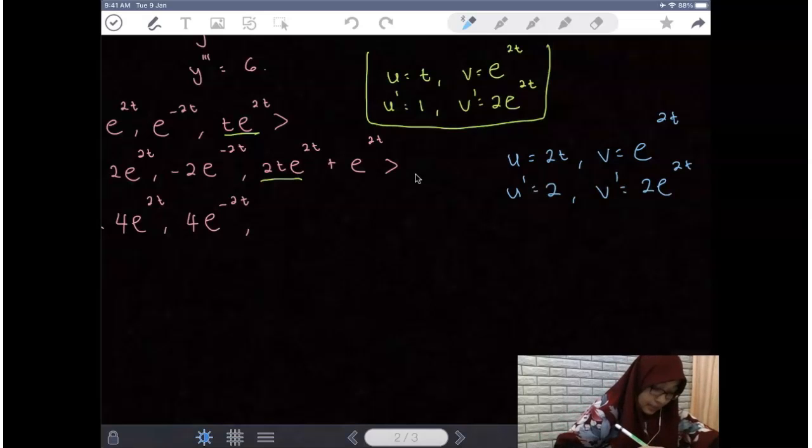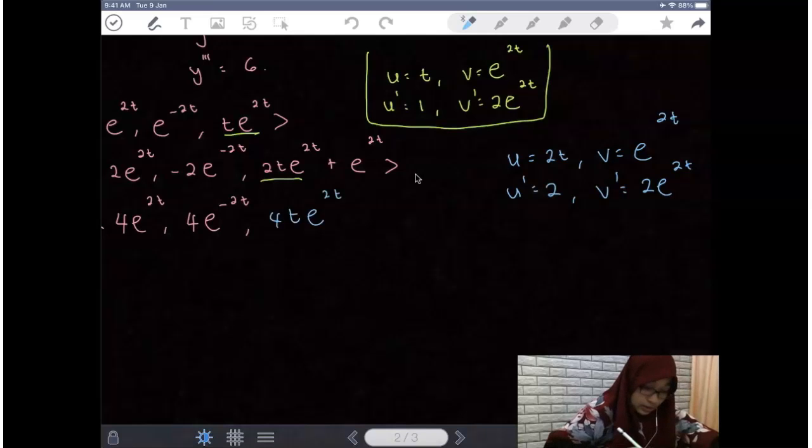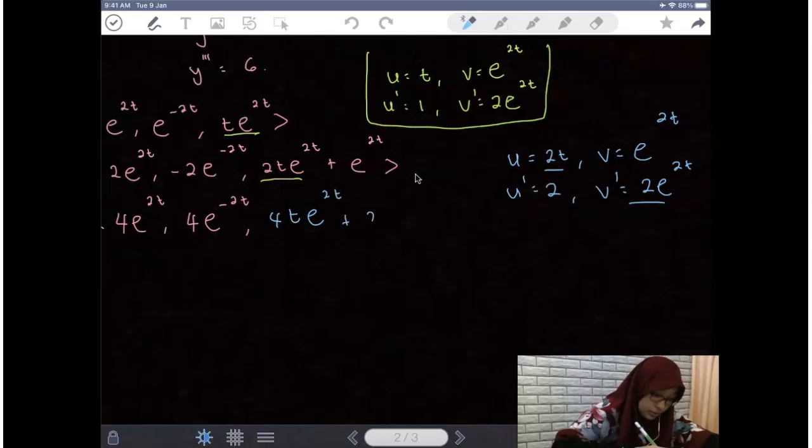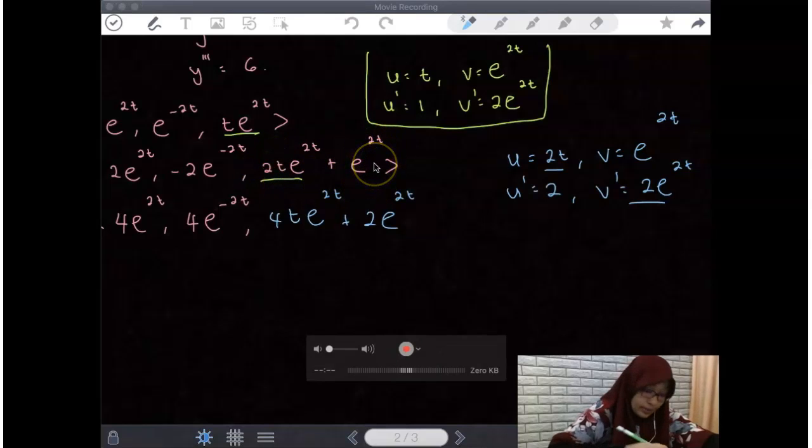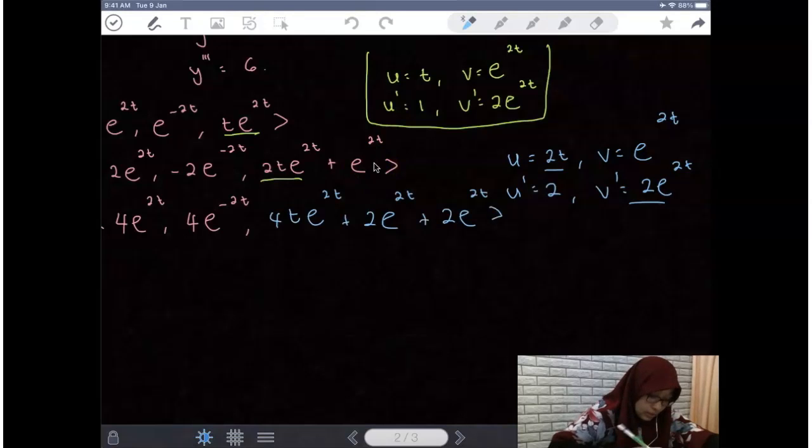When we plug in, u v prime gives 4t e to the 2t, and then v u prime, so plus 2e to the 2t. That is only for this one, and then differentiating the other term with respect to t, we get plus 2e to the 2t.